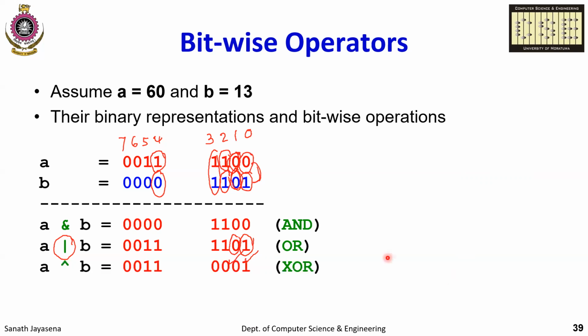And you have yet another bitwise operation. It's called the exclusive OR operation. What does exclusive OR mean? The operator is this hat symbol, which is usually above the character 6 on the keyboard.